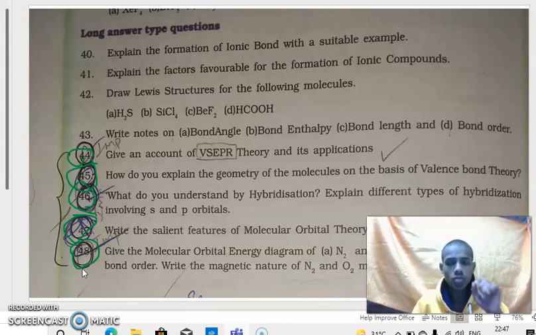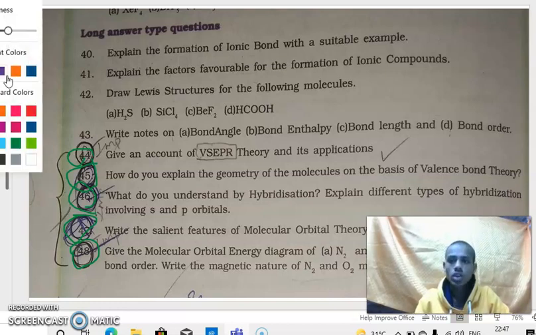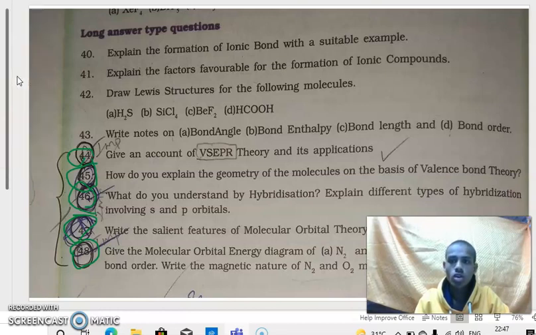Calculate the respective bond order. Write the magnetic nature of N2 and O2 molecules. In these 5 questions, you need to more focus on the MO diagram of N2 and O2 molecules, and what do you understand by hybridization?